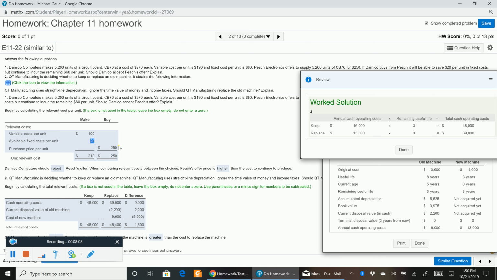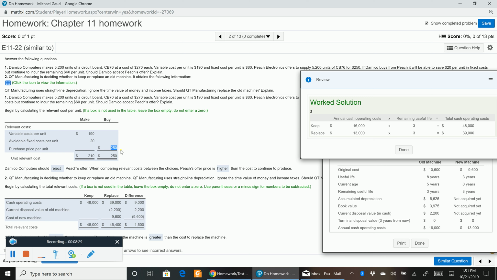The 60 is going to be the same. Regardless, if I make it internally or if I buy it outright, I still have to pay the $60 fixed cost per unit. So the difference is only the 20. Remember, we're only looking at not all costs, but relevant costs. And of course, in the buy column, the purchase price, if we buy it outright, is $250.